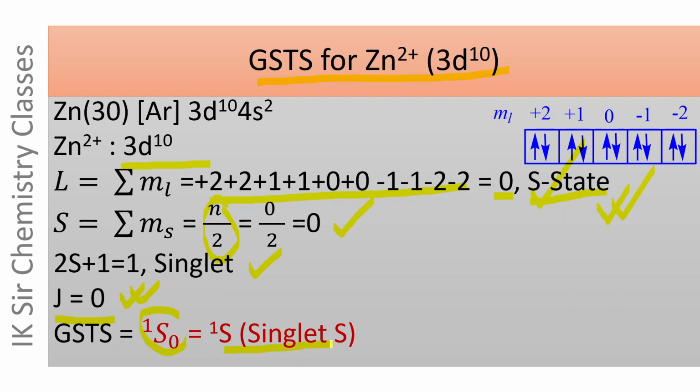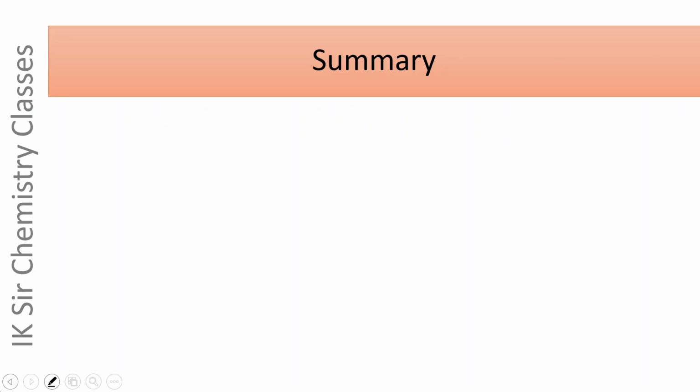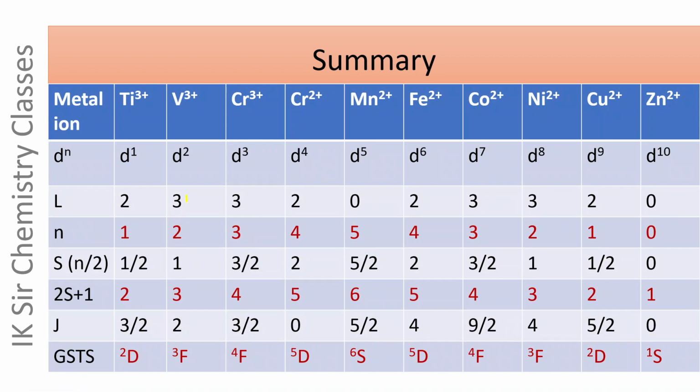Thus, we have derived the ground state term symbol for transition metal ions of the 3d series. And let us summarize the findings in the previous discussion. These are various transition metal ions of 3d series having electronic configurations from 3d1 to 3d10. These are the values of capital L calculated earlier.